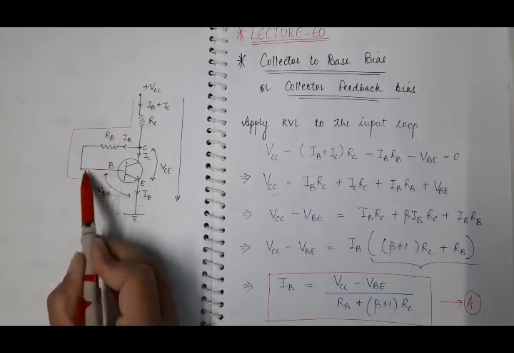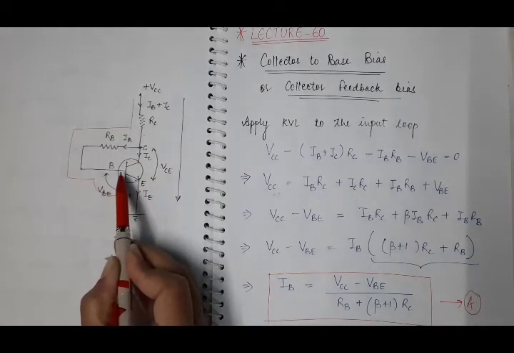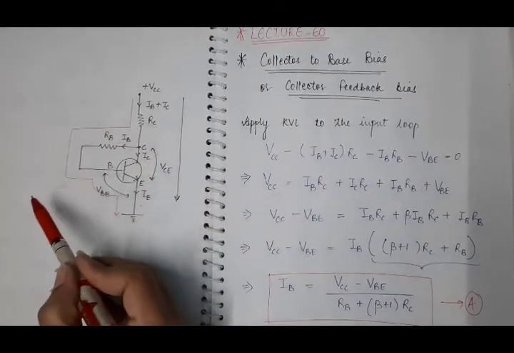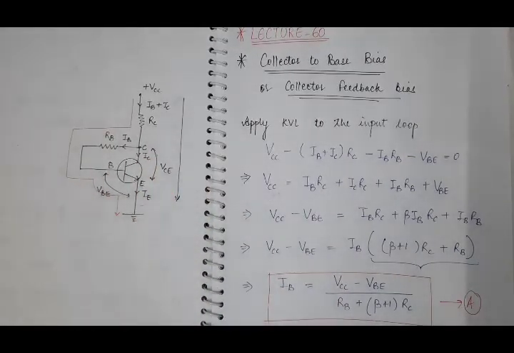It will provide biasing to this base terminal or base emitter junction. So in this case, what will happen? When you apply an input signal to this common emitter amplifier, there will be an output signal which will be an AC signal.